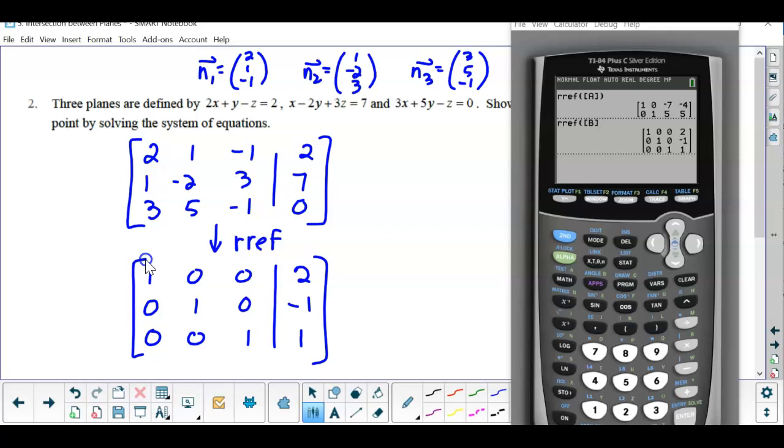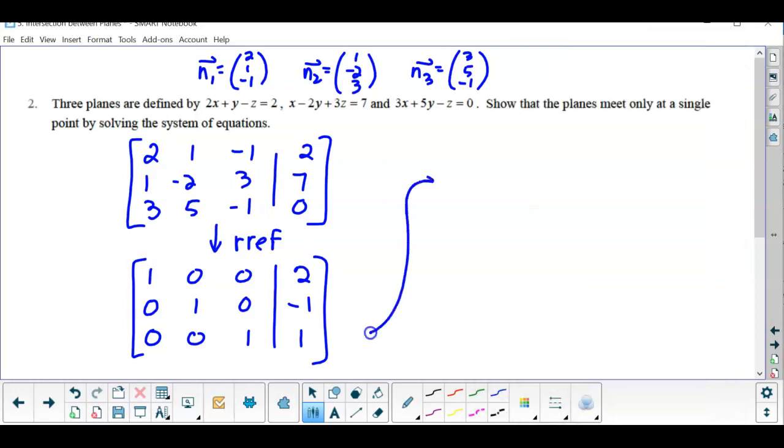But as long as you have something like this, then you know what your point is. It's 2, negative 1, 1. Okay, because we're talking about a point, show it in that sense.